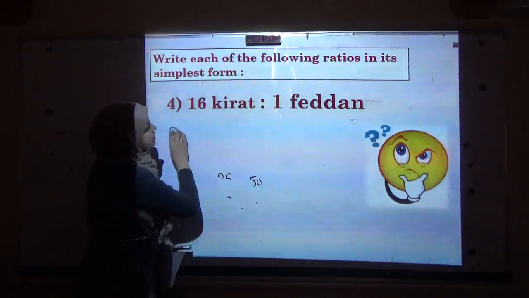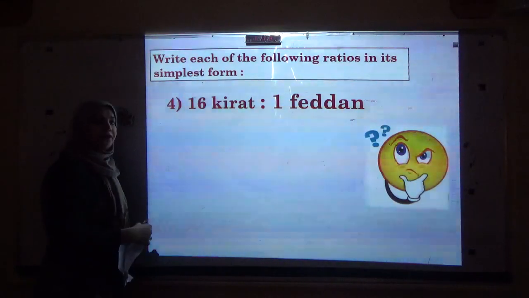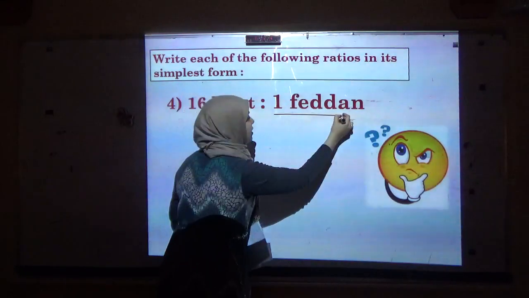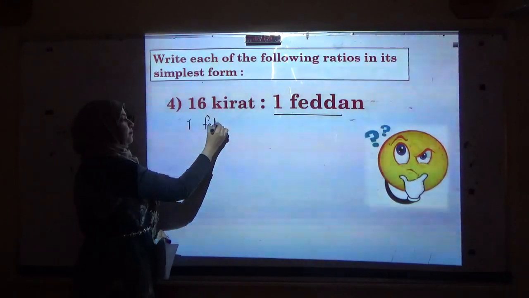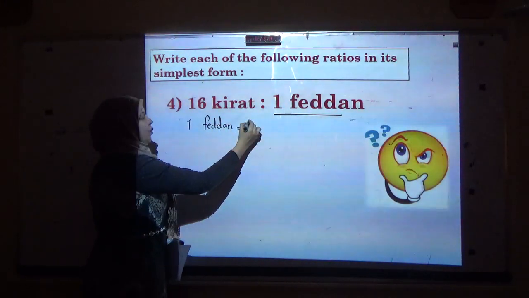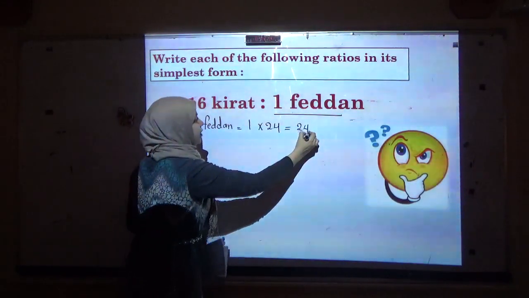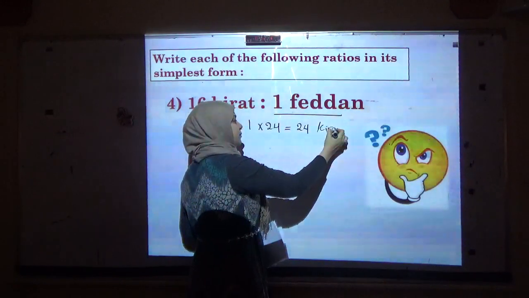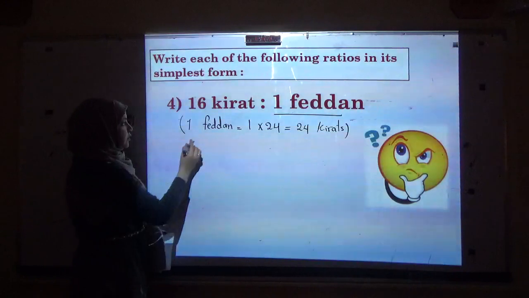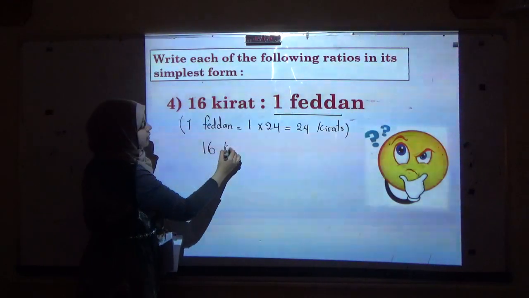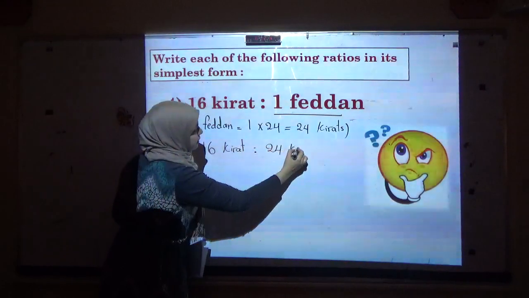Number 4, 16 qirats to 1 fiddan. To convert from fiddan to qirat, multiply by 24. So 1 fiddan equals 1 multiplied by 24 equals 24 qirats. So 16 qirats to 24 qirats.